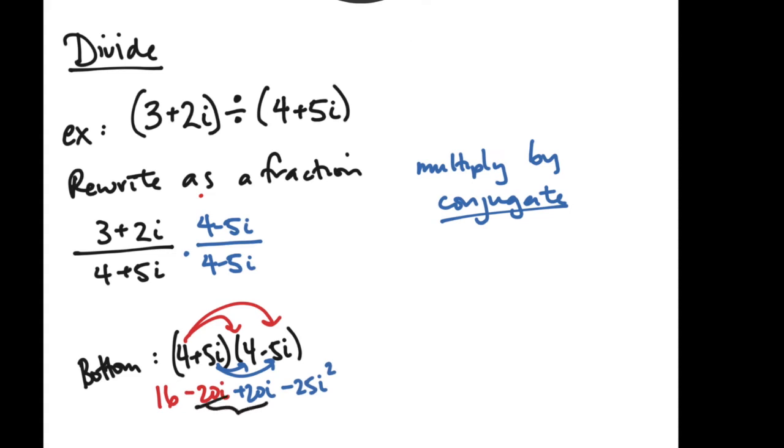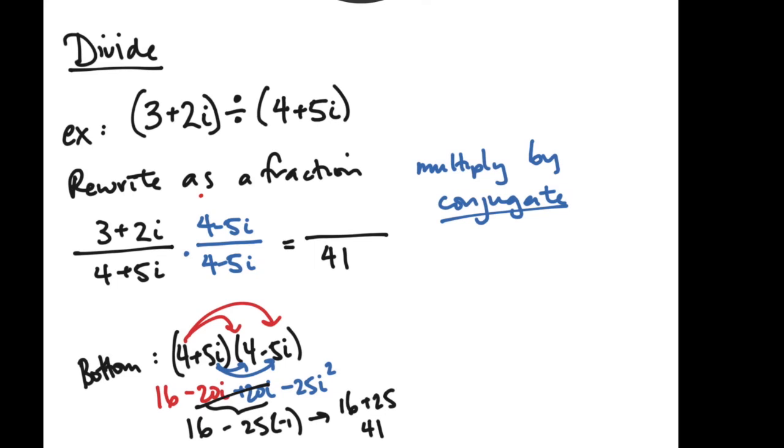Combining like terms, these cancel out. So I get 16 minus 25, and i squared is negative 1. So that really turns into 16 plus 25, which is 41. So this on the bottom will become 41.